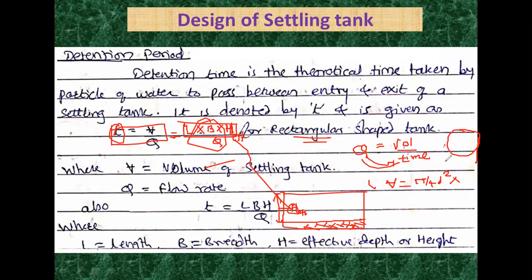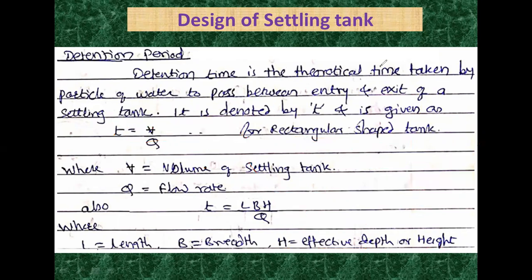Similarly here in this tank also, this is the surface area multiplied by height or depth. You will get the volume divided by discharge. You will get here the time or detention time for the circular tank, right? So here you can see this H is nothing but the effective depth or the height of the tank, right?